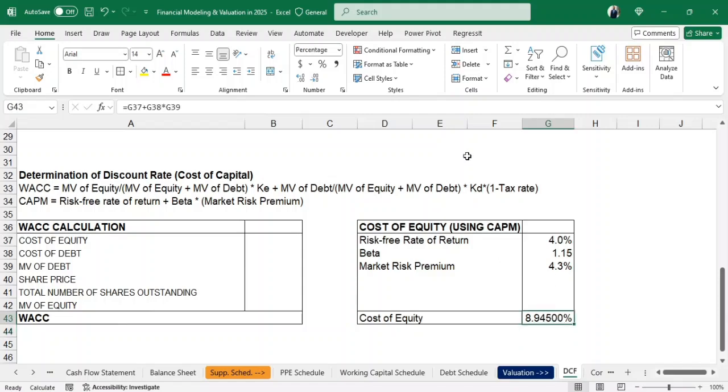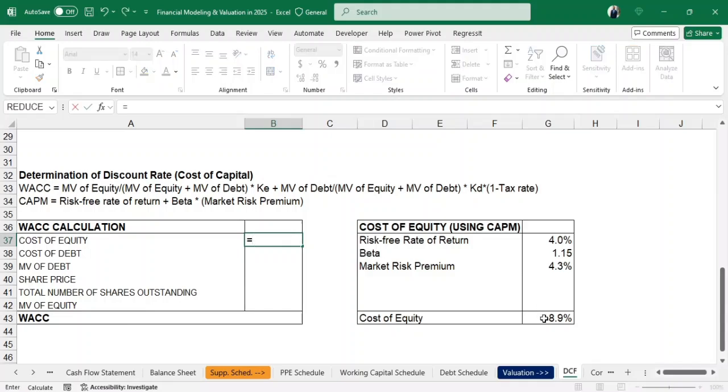Okay, so the cost of equity is 8.9. Let me reduce this. So that is 8.9%. All right. So we have determined our cost of equity, and so I can quickly put that here. So I can reference that from this place and hit enter.